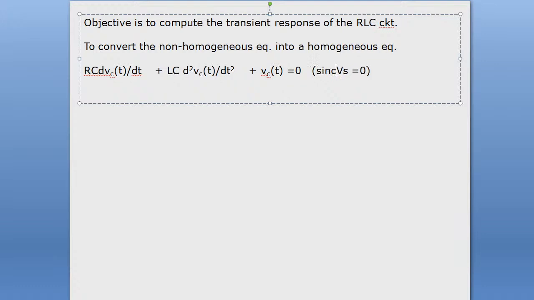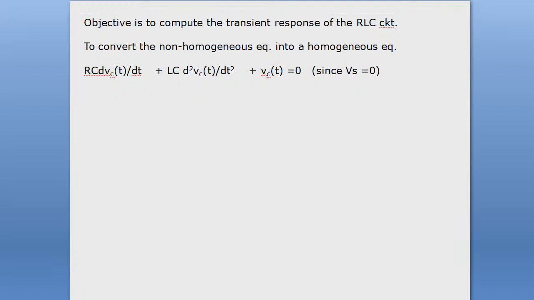Everyone, try to understand this point. This is the crucial point for solving this equation. We know that the differential equation we have obtained from this RLC circuit is a non-homogeneous, second order differential equation of VC.